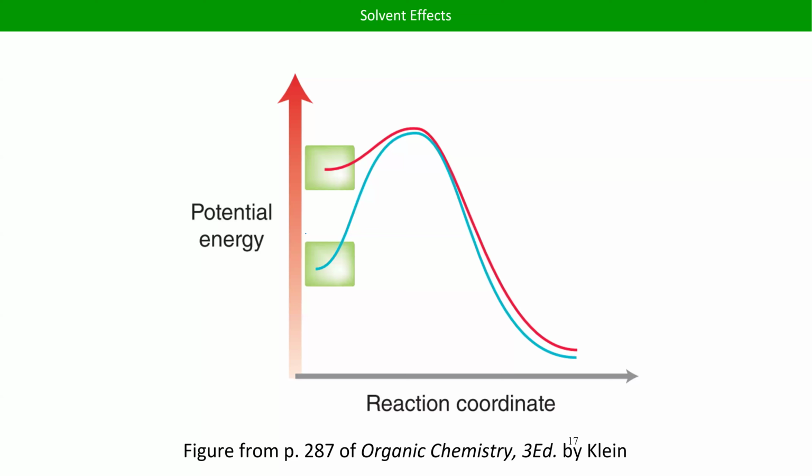If we stabilize our reactants too much, that makes our reaction go too slow. We want them stable, but not too stable. Because look at the difference between the red and the blue lines here as far as the activation energy. The activation energy for the blue line is huge compared to the red line, right? So stable, but not too stable. And that's where the polar aprotic solvents come in.